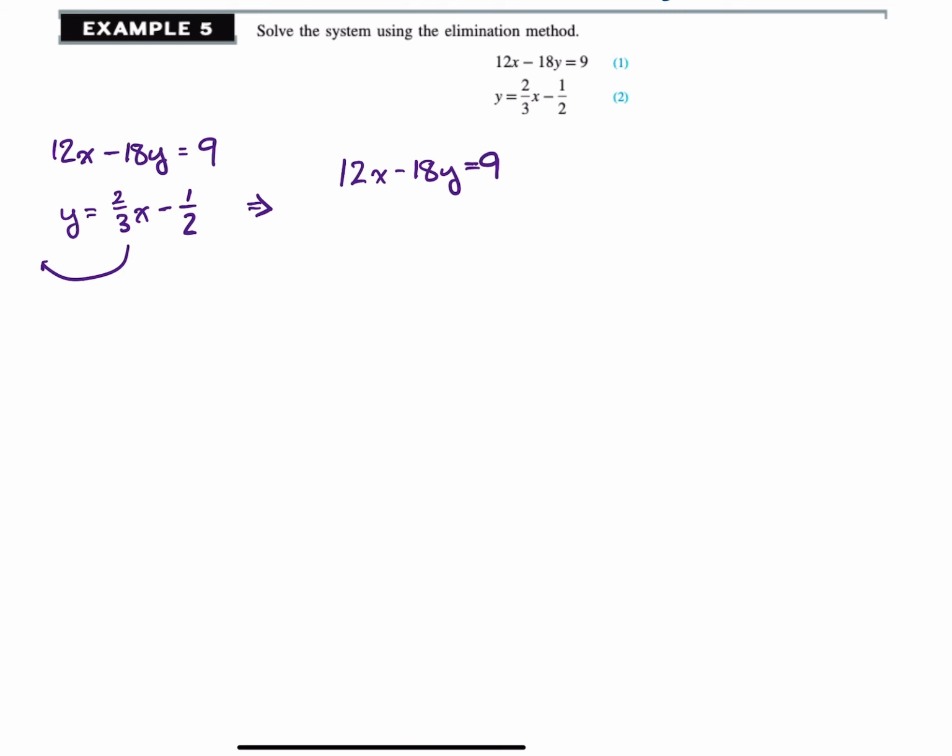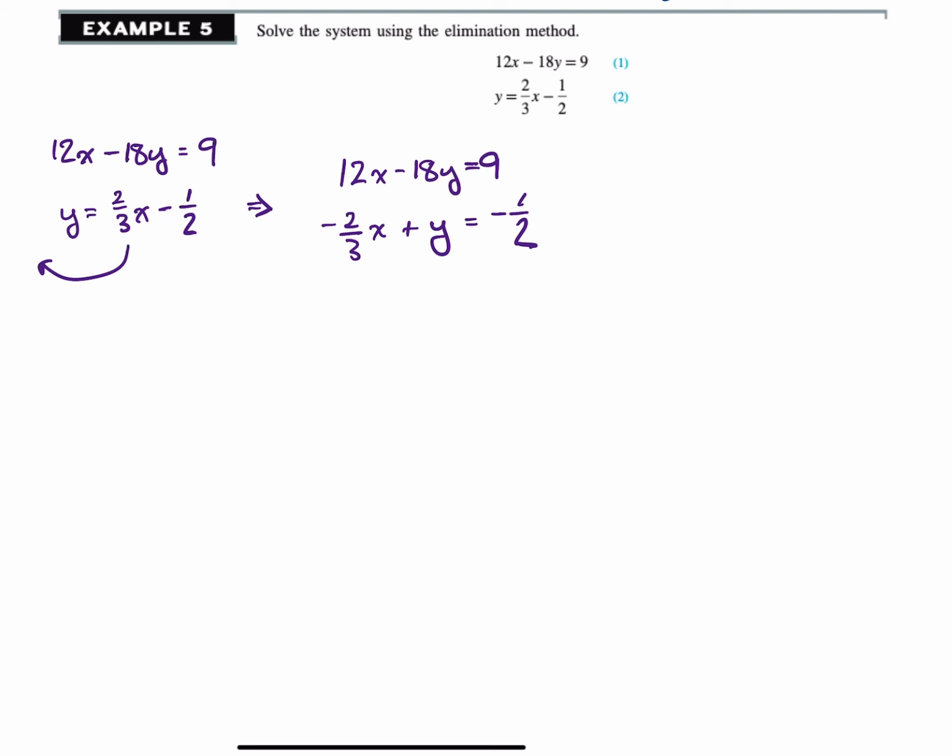let's subtract that 2/3 x over. So it will appear as minus 2/3 x plus y equals negative 1/2. All right, now let's choose a variable to eliminate.